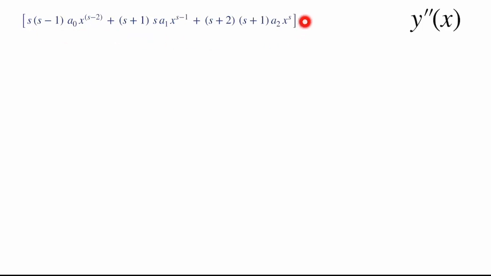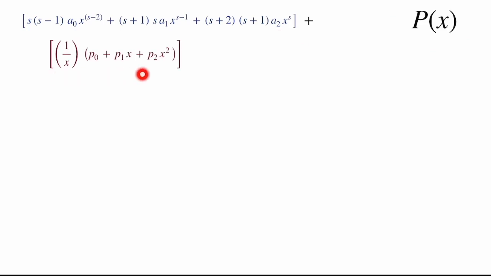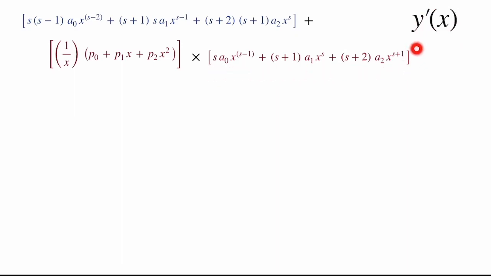The first term is a y double prime, which we have already written in the previous slide. Then we have to add p of x, which is also expanded, but we have 1 by x here, and then we multiply this with y prime, the first derivative of the power series solution, which is given also in the previous slide.